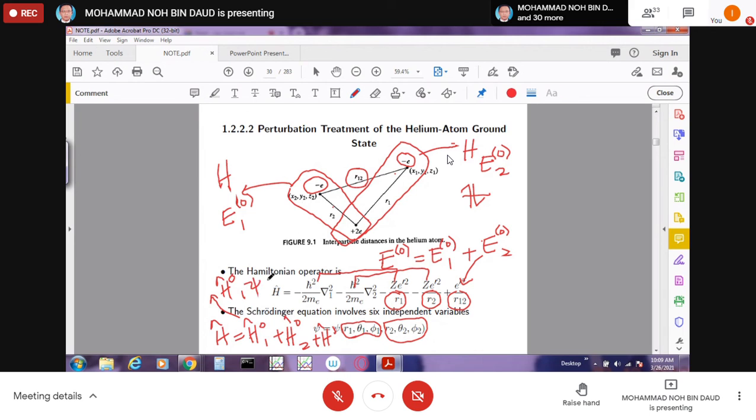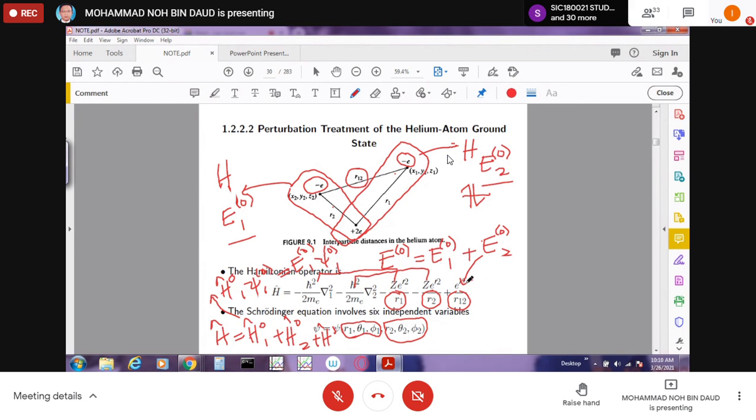So the wave function here, this is zero, and this as well for the H2, the second unperturbed Hamiltonian operator. So we can prove this sum of the Hamiltonian operators will give the total energy, which is the sum of these two individual hydrogen-like energies, E1 and E2. This one and this one.